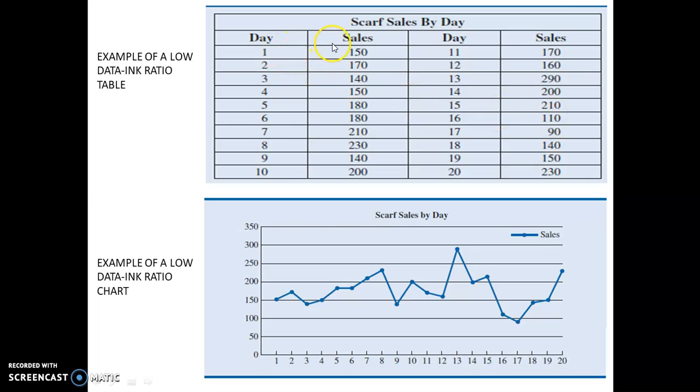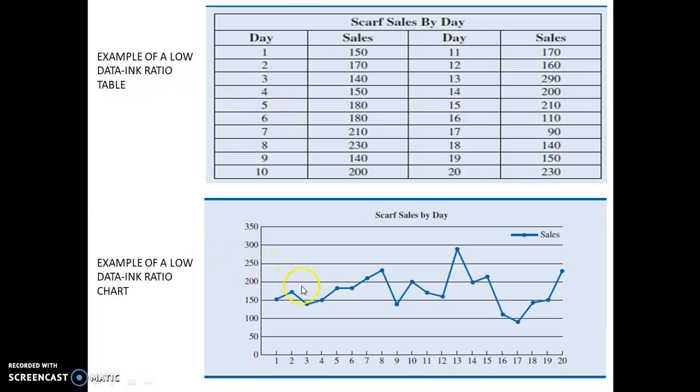This day-wise sales data can be given in the form of a table. Here, for each and every data point, lines are used to map the data. So it is an example of a low data-ink ratio table. Why? Because the ink used to present or visualize the data is very low compared with these lines. We have more lines, and because of that, it is called low data-ink ratio.